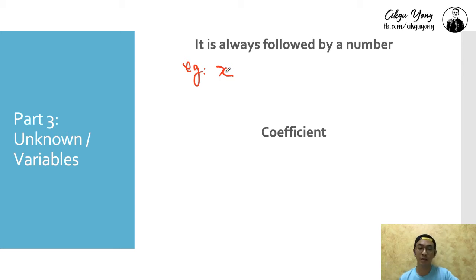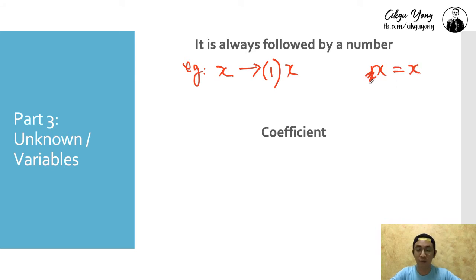So they just ask me like, teacher, X is X lah, since when there's a number. So if you can't see any numbers when you encounter a variable, it means there is a hidden 1 in front of X. So X in Chinese translation, we call it 一个 X. So there's only one X.